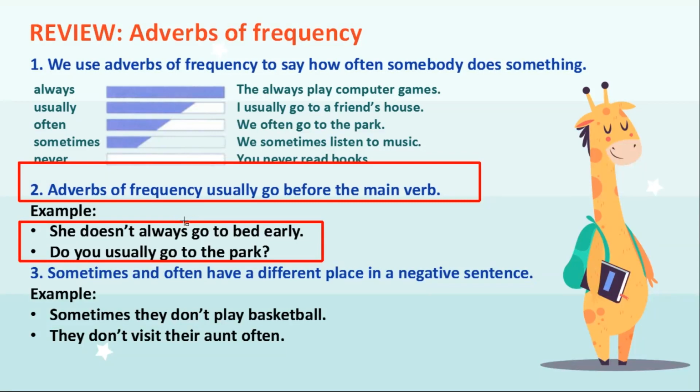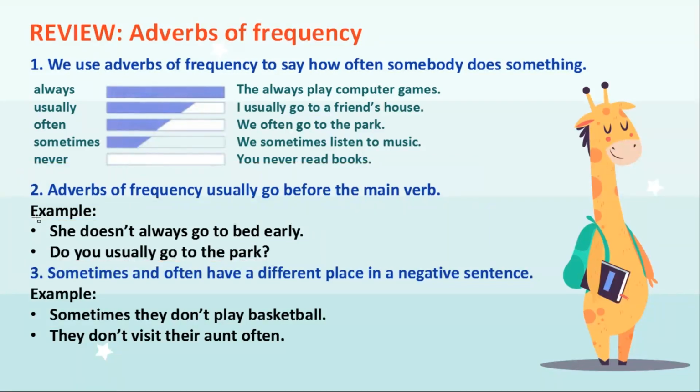What is the verb here? The verb is go. Verb is an action word. So when you say adverbs of frequency, what is the adverb of frequency in this sentence?